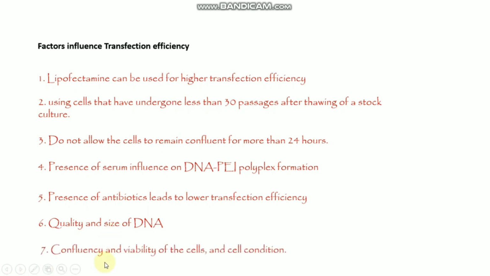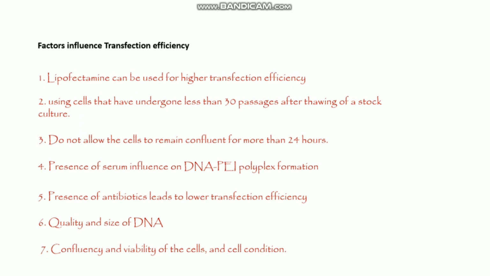And also the confluency and viability of the cells are important factors, because higher confluency decreases the transfection efficiency. The viability should be 90%. And also the cell condition: if the cells grow fast, then obviously the cell condition is good, so you have to check those factors.